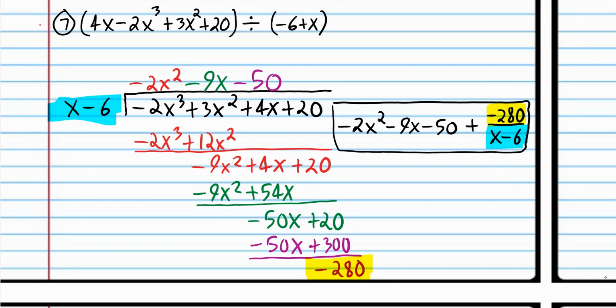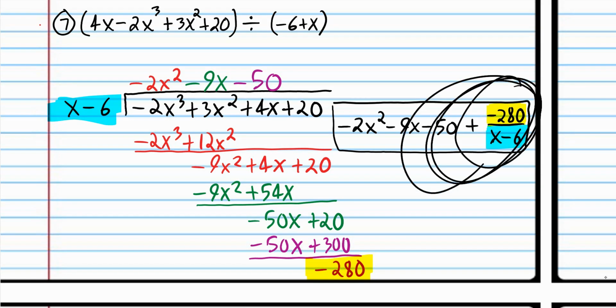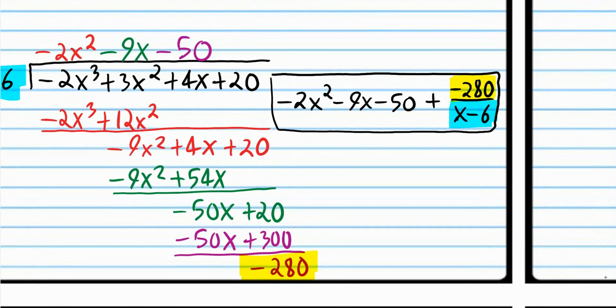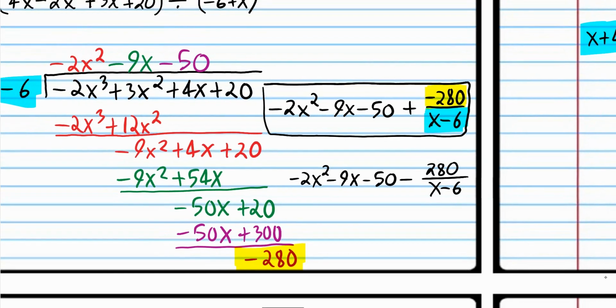But in textbooks, you're not going to see the answer written in this way. Most likely, you're going to see the answer written like so. Negative 2x squared minus 9x minus 50 minus positive 280 over x minus 6. So what they do is they take this negative symbol up here in the numerator and they throw it in front like so.